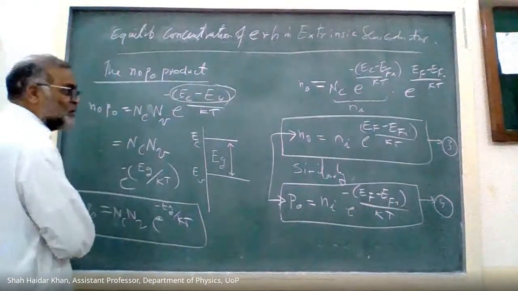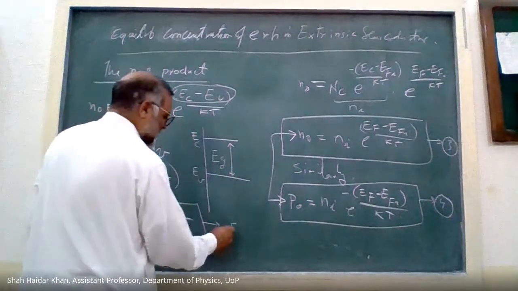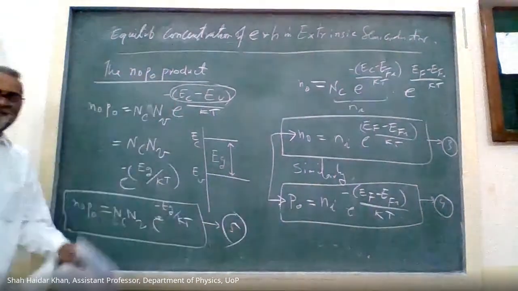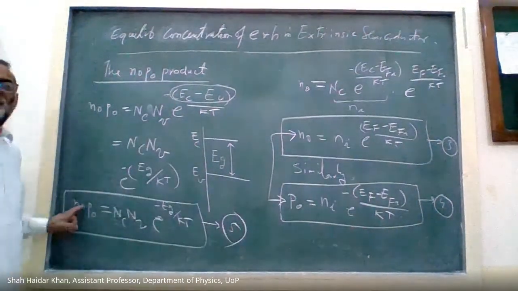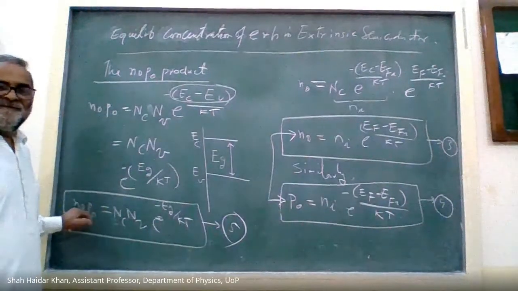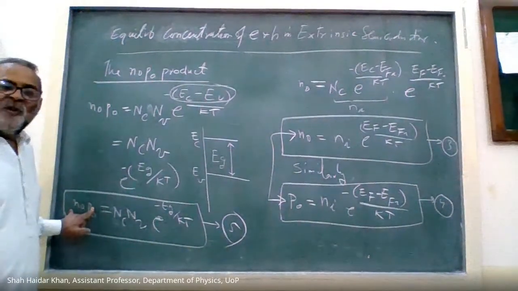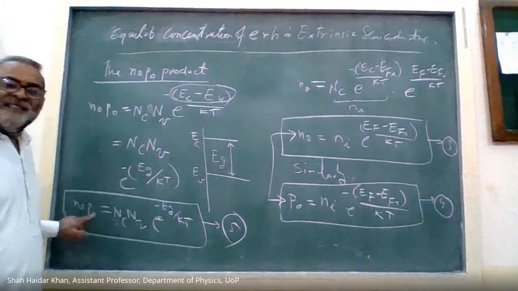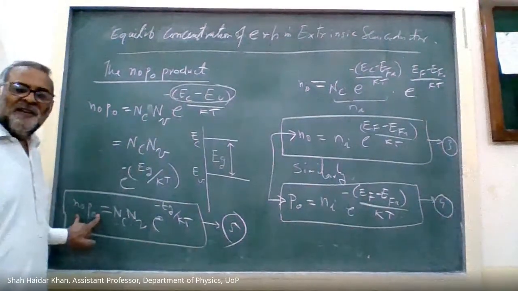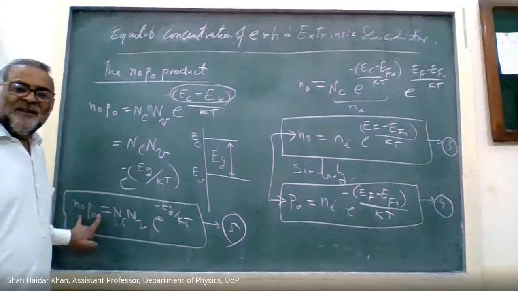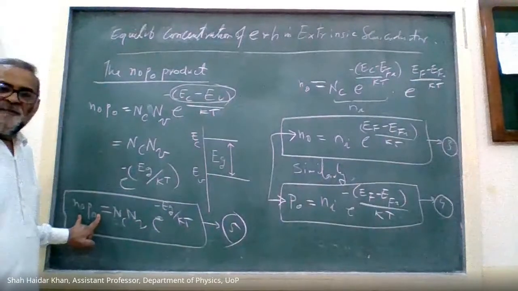It is a very beautiful equation. The product always remains the same, no matter what is the number of donors, what is the concentration of acceptors.